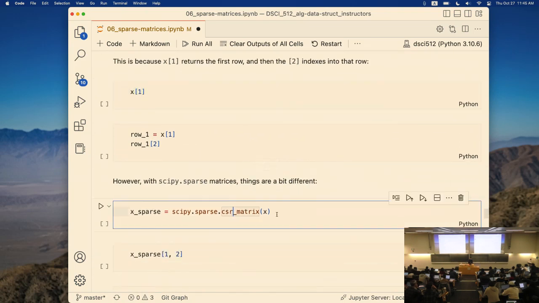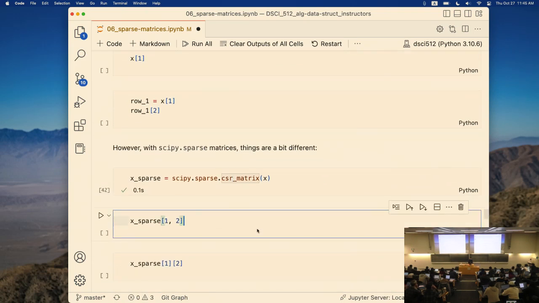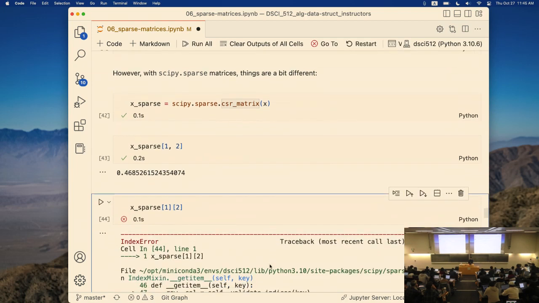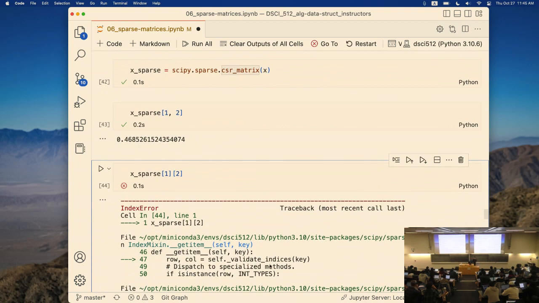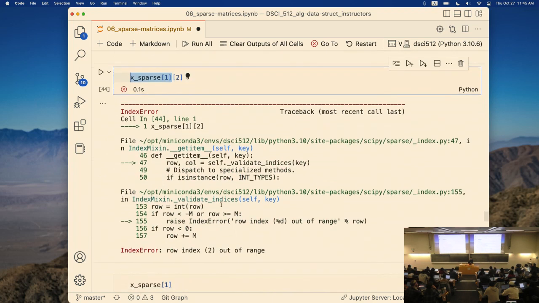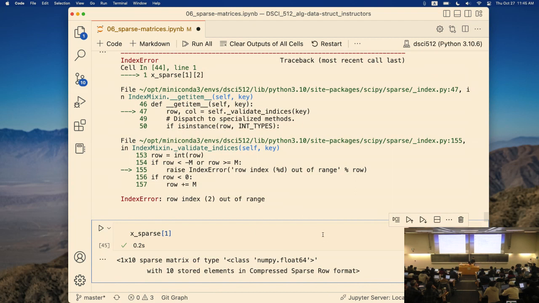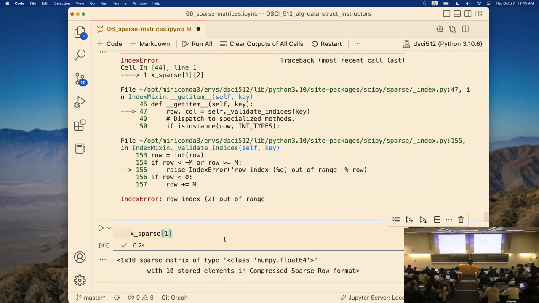However, with sparse matrices, if we do something like this, that works. If we do something like that, it won't. The reason is that the type of object that is returned here is actually something like this. It returns to us a row which contains 10 elements, and it is still a two-dimensional matrix, 1 by 10, meaning that we have only one row and 10 columns.